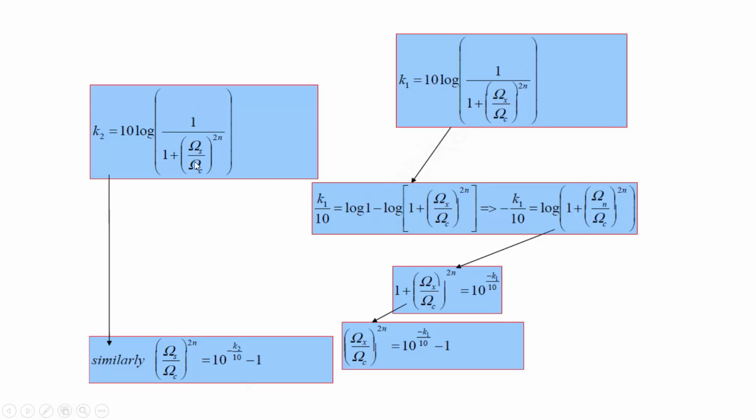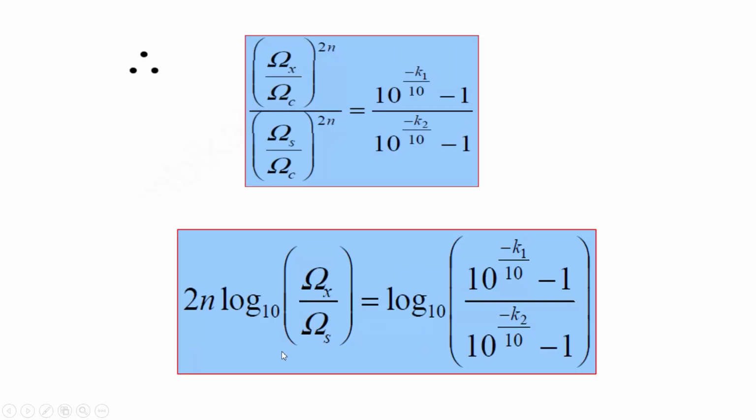So omega s divided by omega c, as we reached this expression for k1, similarly we reach this expression for k2. So we have two expressions, one for k1 and one for k2. We divide these two expressions and we get this value, right? And you see here omega c is common on both sides.